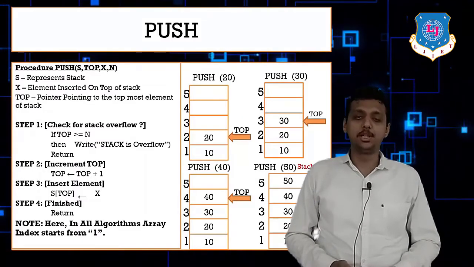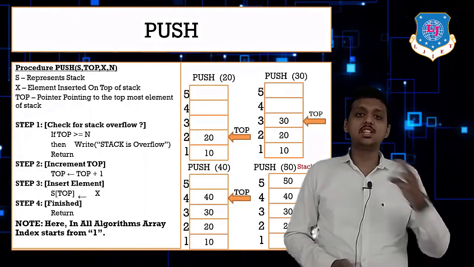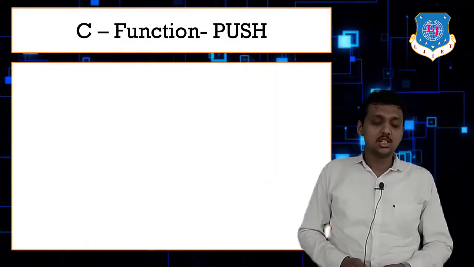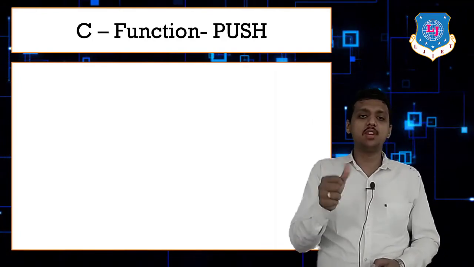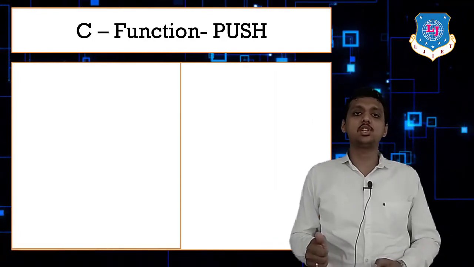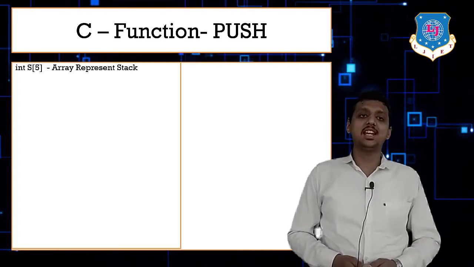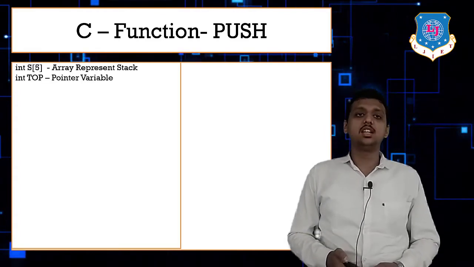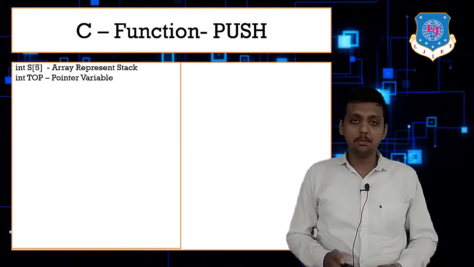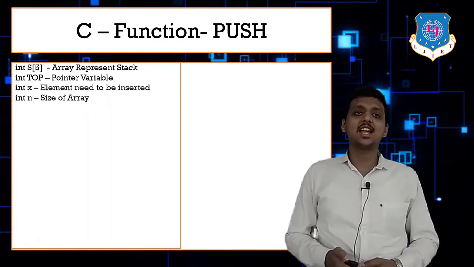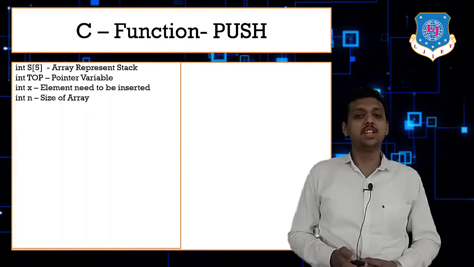Okay, repeat. Now let's move ahead with the C function of the push operation. Students, how to write the C function? See, here I am not going to return anything. That's why my function return type is void. First I am going to take an integer array, integer s of 5, then the top pointer as integer top, then integer x, and then integer n as the size of the array.